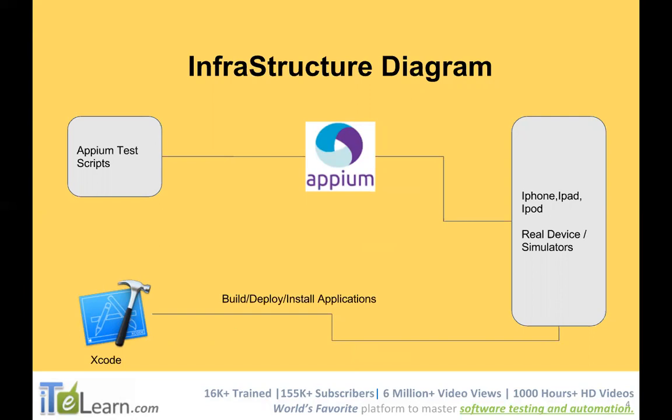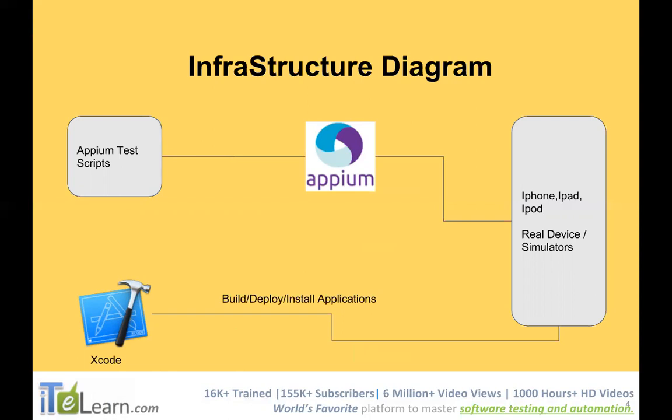So that is much needed software. Once you have the application installed on the device, you have the Appium test scripts, which is one of the components I mentioned. These are the test scripts written using the Appium Python client bindings.